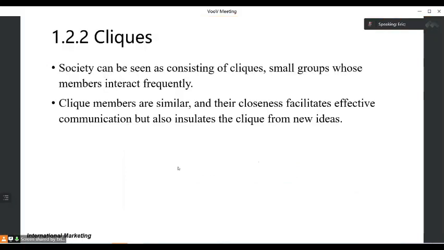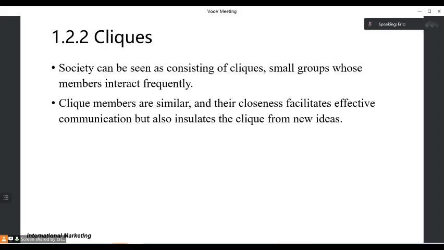The second is cliques. Okay, we should know that we can't deny that there are some cliques around us. Even if we are in a group, there are some cliques, just because we have the same interests. Okay, we connect with each other very frequently.